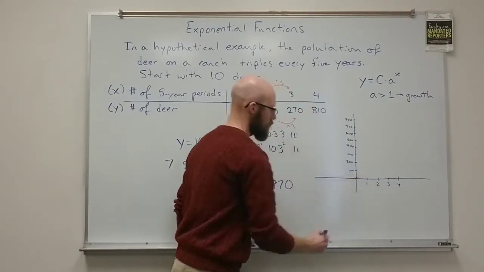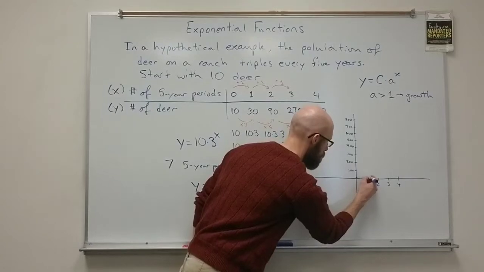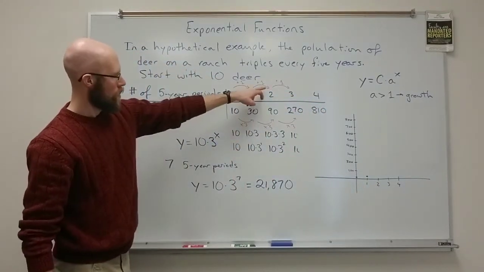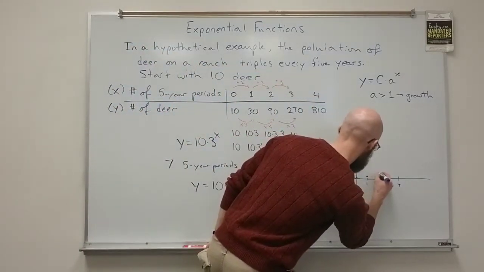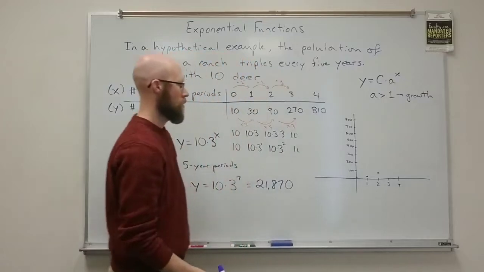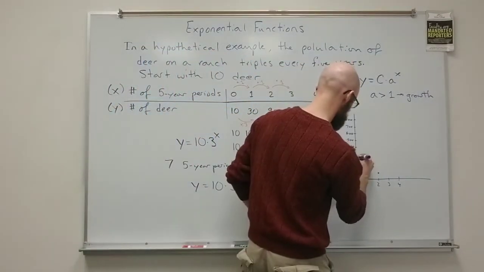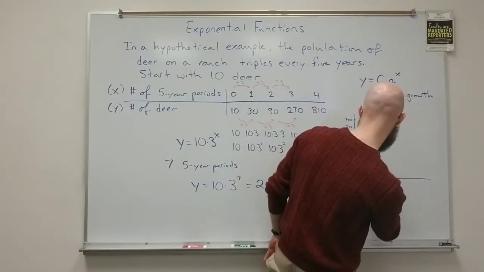So at 0, 10, I have a point. That's pretty low on the graph there. 1, 30, that's also still pretty low on the graph. It's about a third of the way up to 100. 2, 90, well, we're almost to 100 now. 3, 270. Put it around there. Oops.